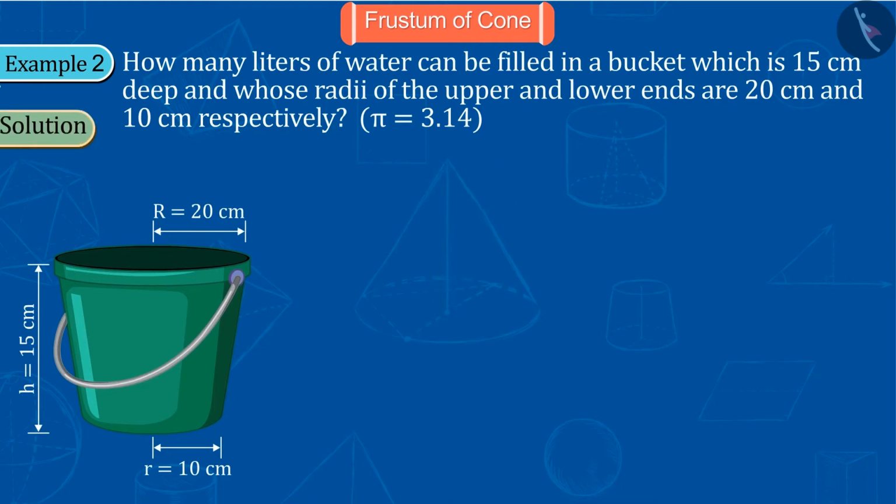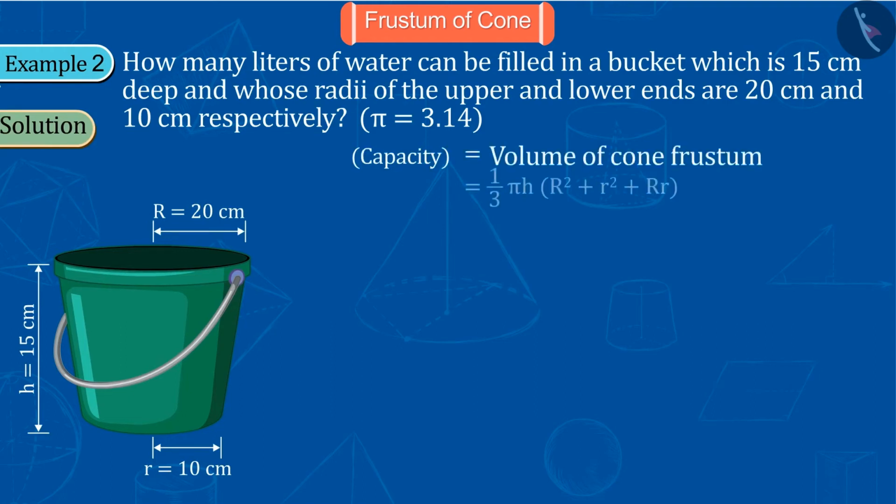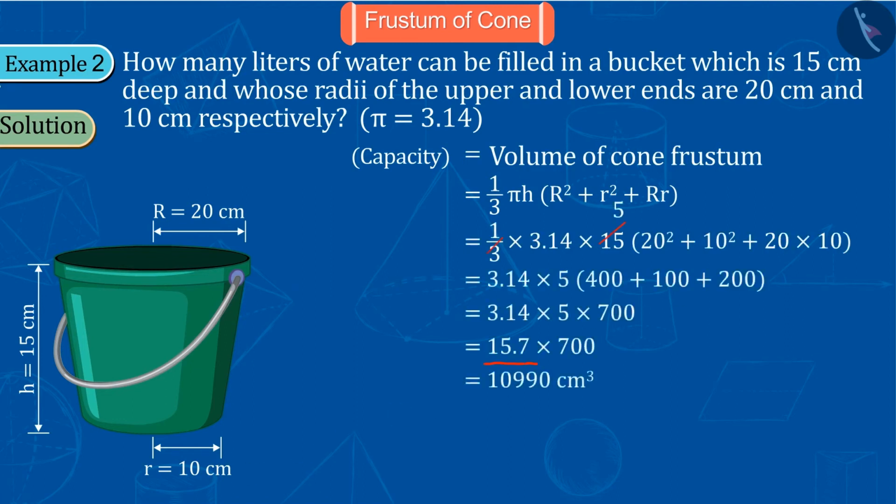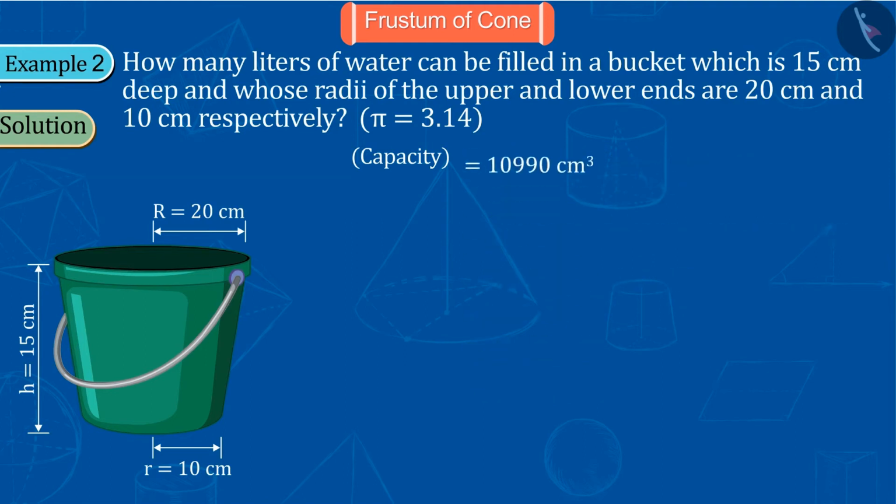For this, we have to determine the capacity of the bucket, for which the formula of volume of frustum of the cone will be used. Solving by substituting all the values, the capacity of the bucket is found as 10,990 cubic centimeters.